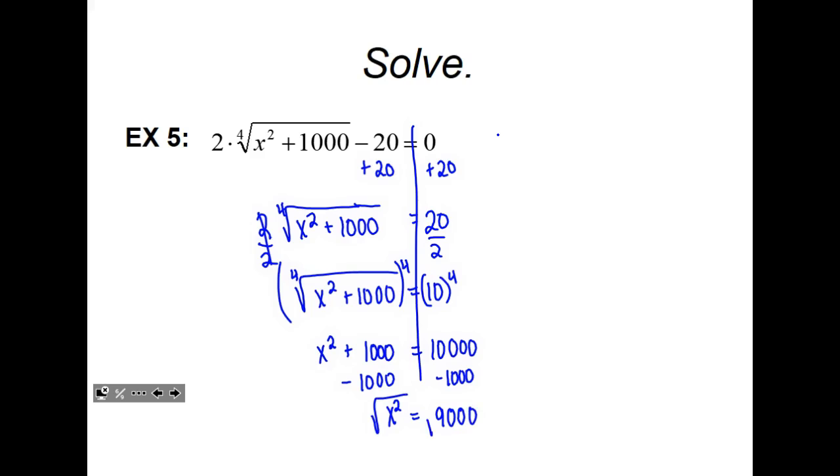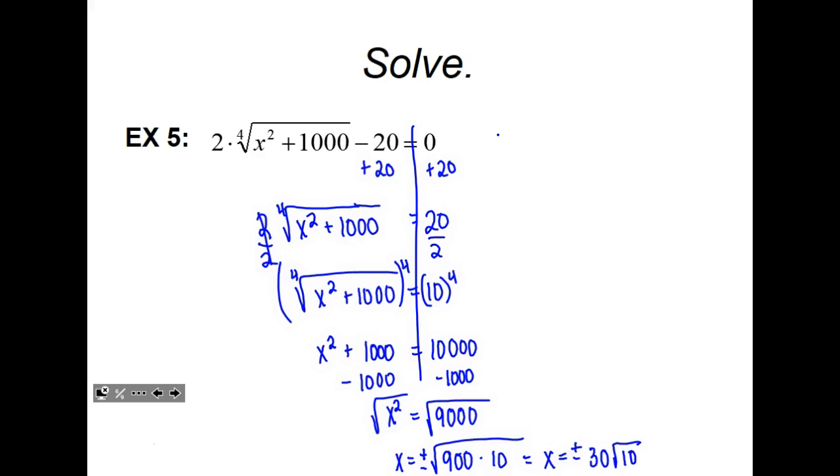I'm going to square root both sides. So x is going to equal plus or minus. Here, this can break down into 900 times 10. 900 is 30 squared. So for our answer, we will get x equals plus or minus 30 times the square root of 10.